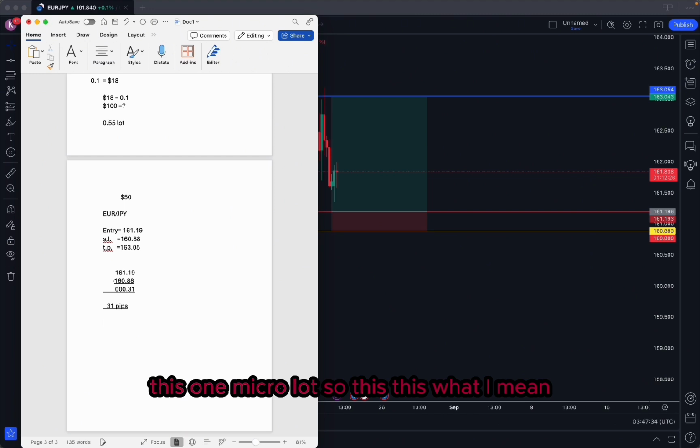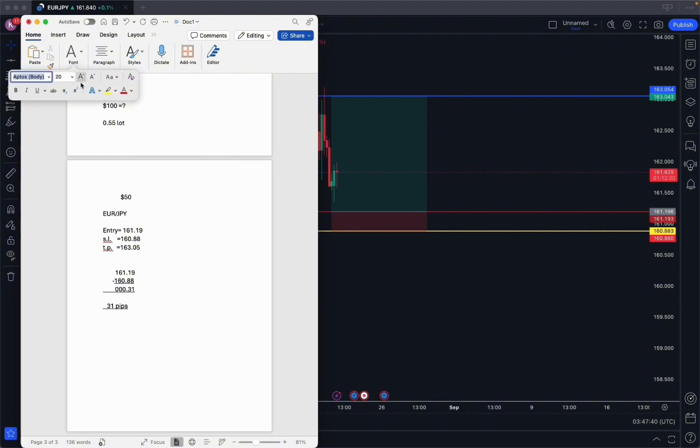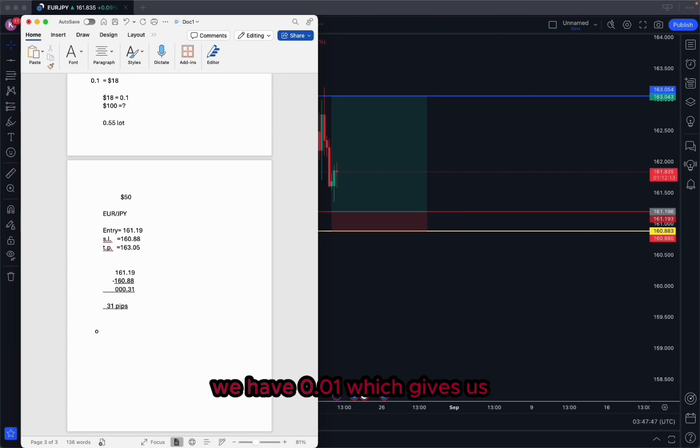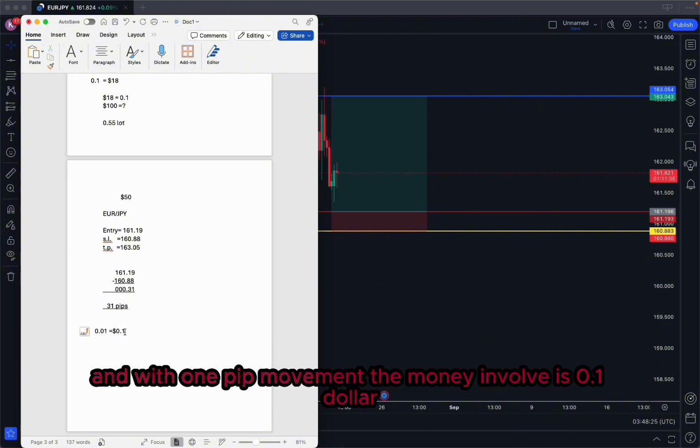We have 0.01, which is our one micro lot, which gives us $0.1 per pip.